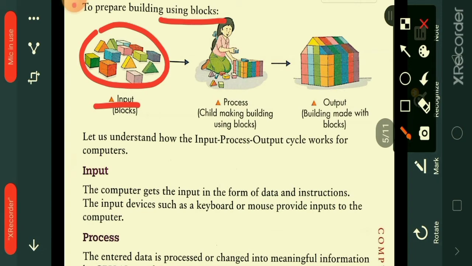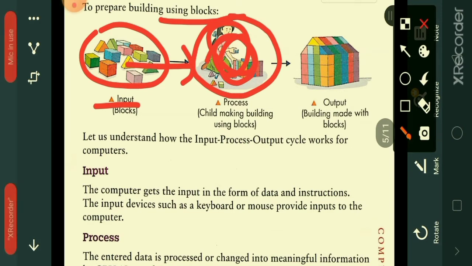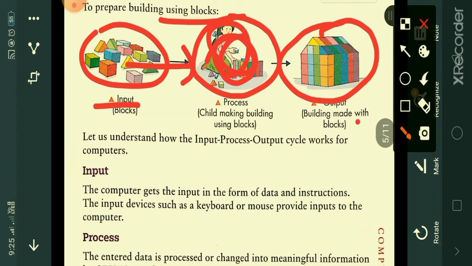Now here this child, she is making a building using blocks. She is making a building using these blocks. So it is processing. Once the processing is over, we get the building here. So finally it is the output.